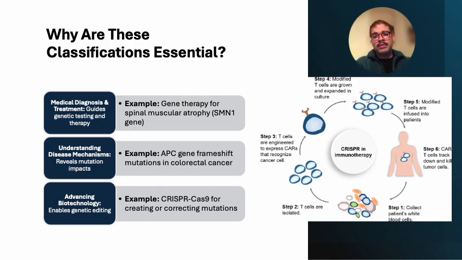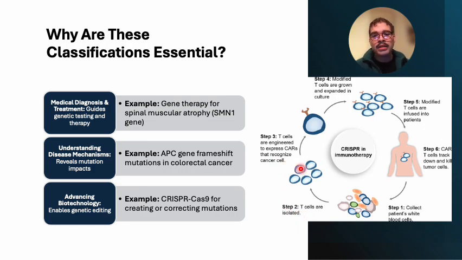I have a little diagram here talking about CRISPR and immunotherapy, where the first step is to isolate cells from the host, which is the patient. In this case, the T cells are isolated.